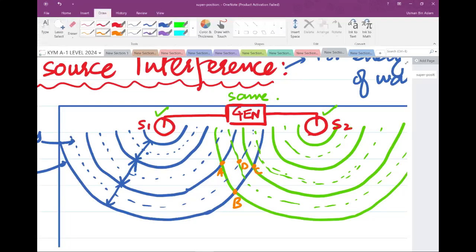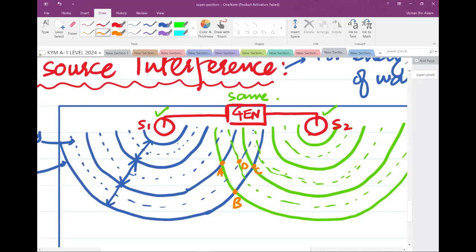I am, but sir, we can't see the constructive interference. Actually, there will be constructive interference and you will be able to detect it, but you won't be able to see it because the waves keep moving very quickly. You won't be able to see it with the naked eye, but you'll be able to detect it.